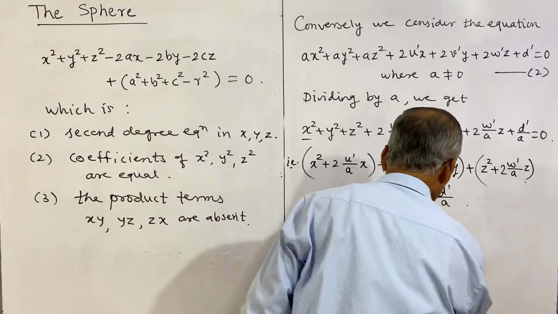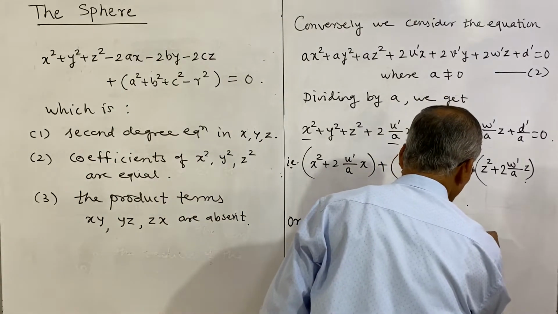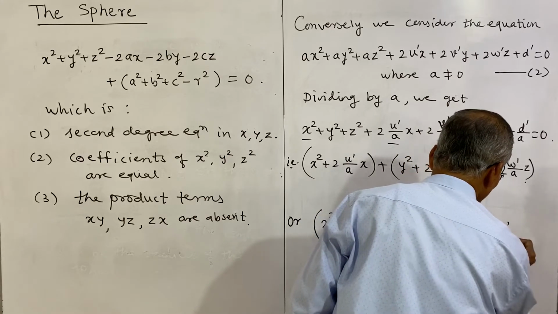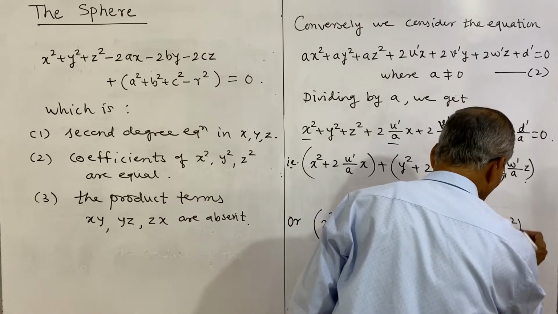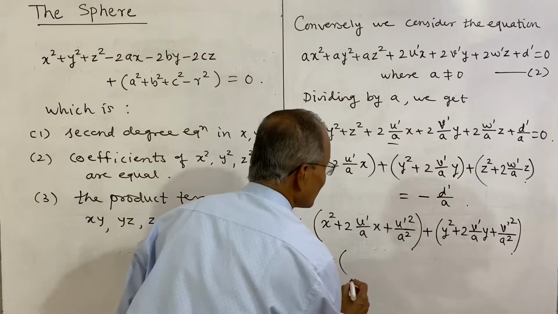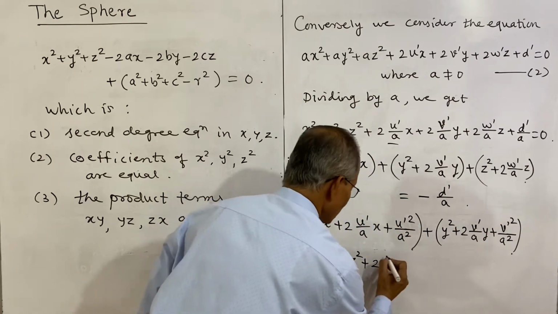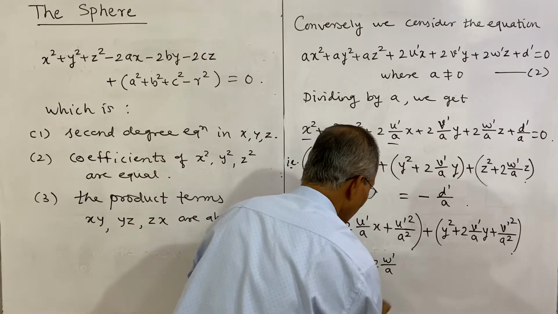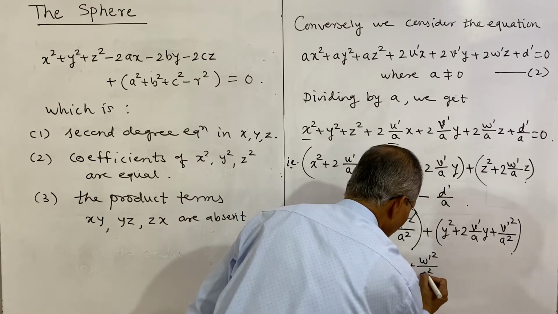Similarly, we add the third term to this bracket, which will be y square plus 2v prime upon a into y plus the square of v prime upon a, that is v dash square divided by a square, and in the third bracket also we shall add the third term so as to make it a complete square, z square plus 2w prime upon a into z, plus w prime square divided by a square.